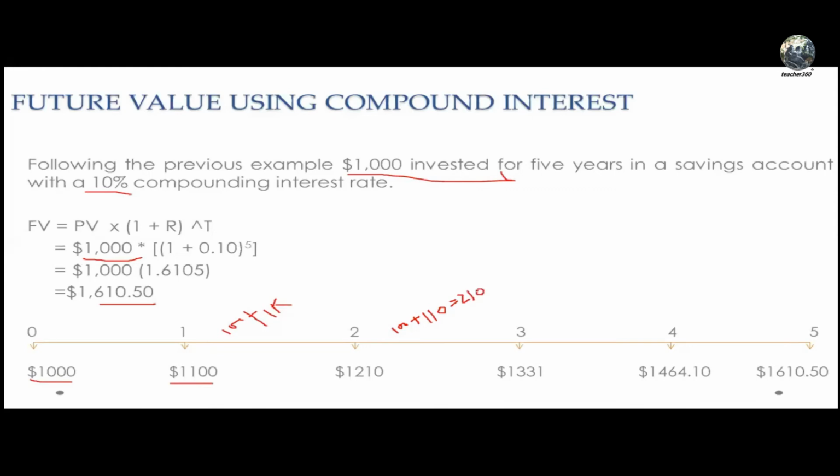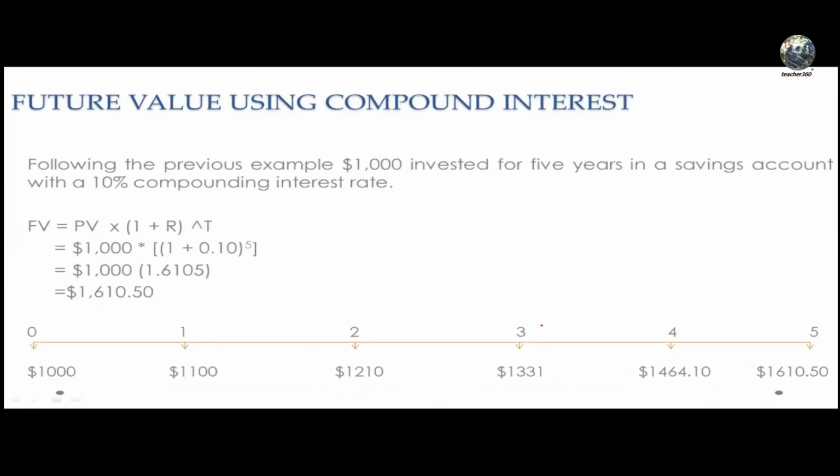So $210 is your compound interest income. It will be added with your principal amount of money, $1,000. So altogether, your future value in year 2 is $1,210.